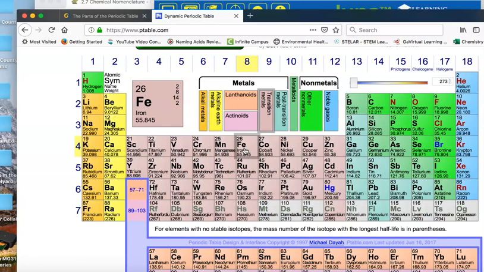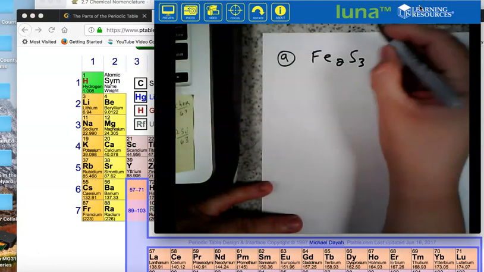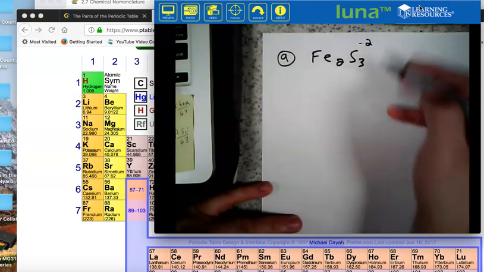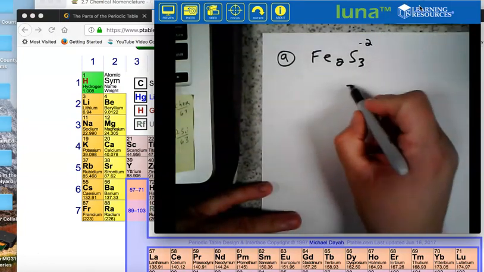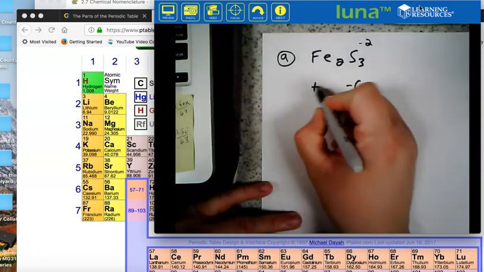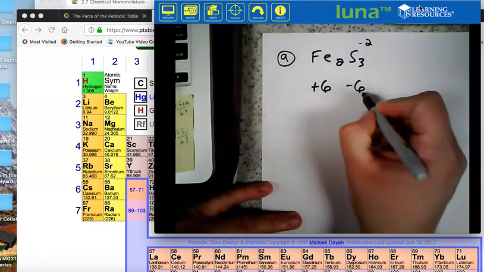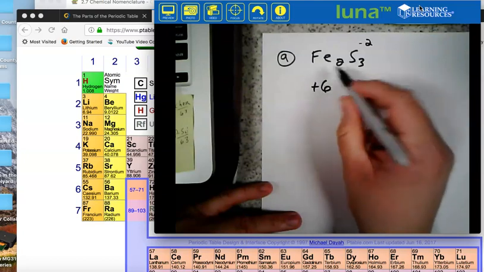So it's a transition metal, which means I have to rely on the other element, which is sulfur. Sulfur has a -2 charge. So 3 times -2 is -6. So iron must have a +6 charge overall to balance out the charges.